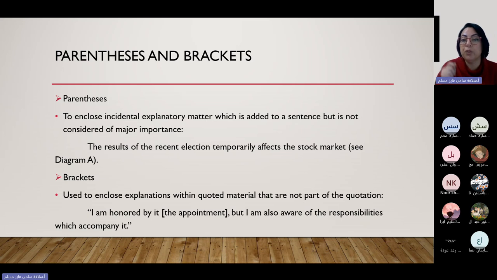That's why it's put in brackets within a quoted sentence. That is the difference between parentheses and brackets. Never put a parenthesis into a direct quotation. You put a bracket.